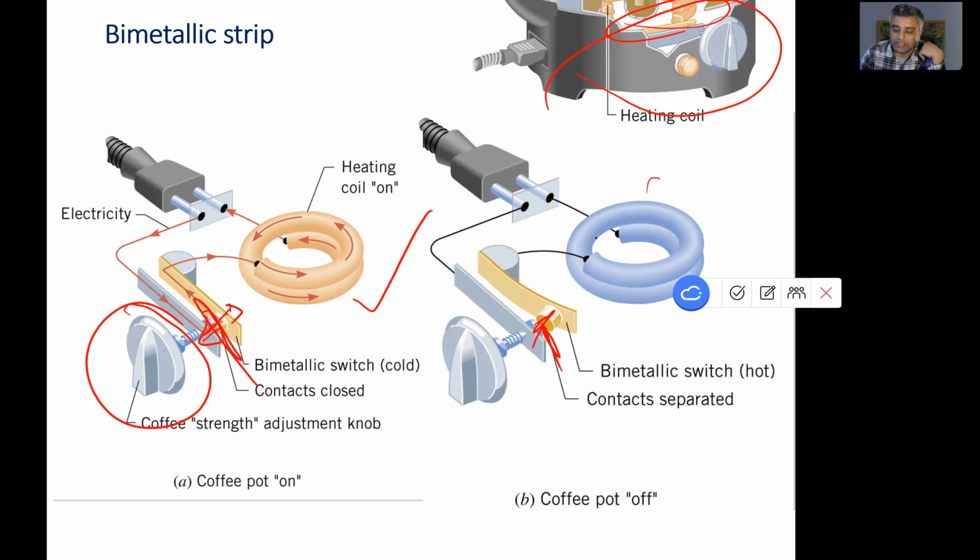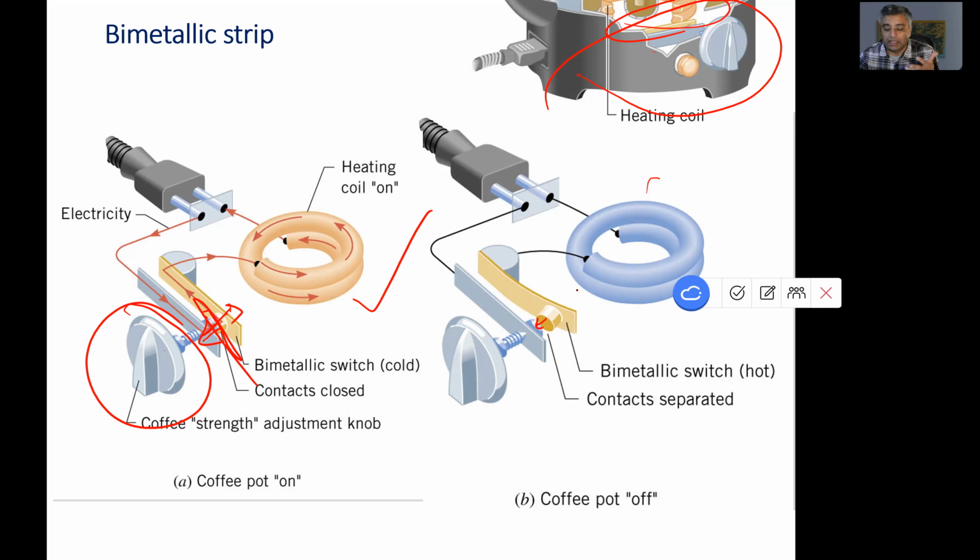So no connection means no current is flowing through this. So it acts as a switch, okay? Now let's suppose the temperature goes a little bit lower than the set temperature. By that time, they come into contact again, and then current starts flowing.